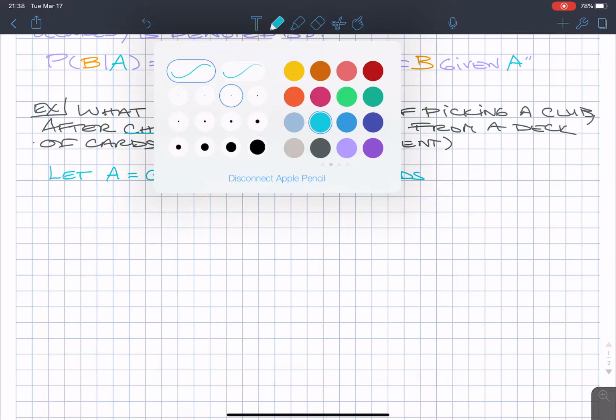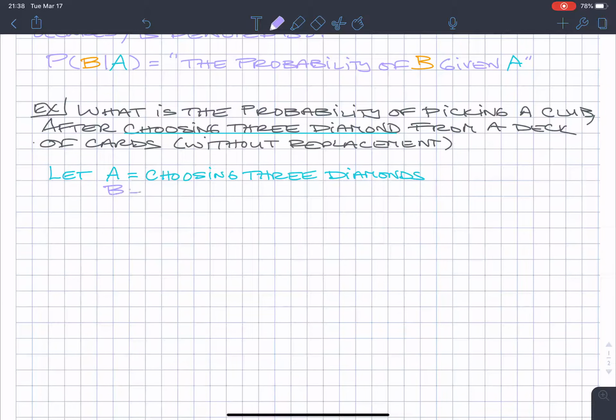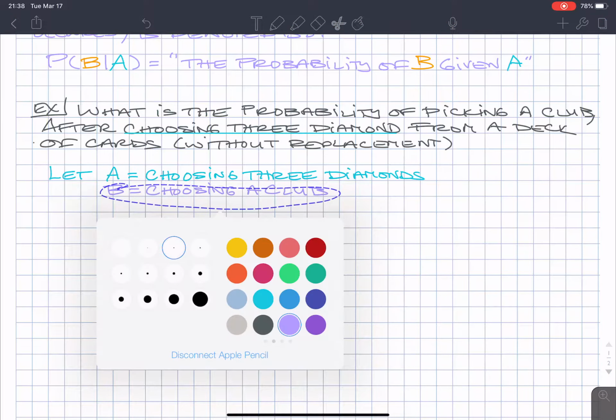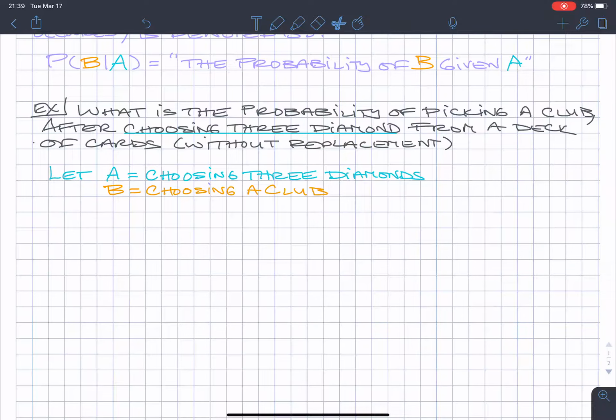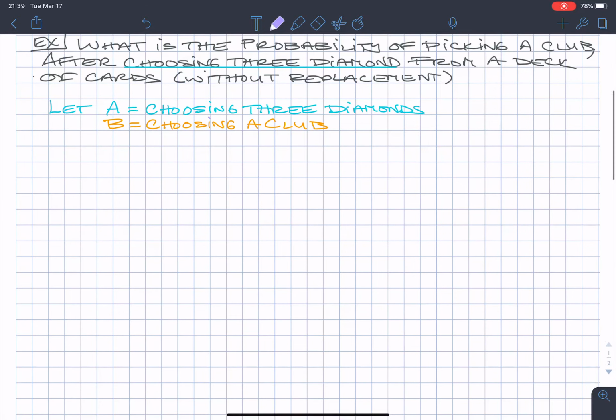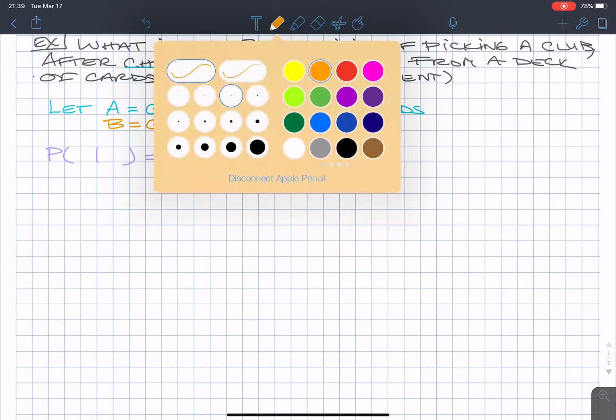And let's let event B be choosing a club. So let's keep B in orange. Okay, so now what I want to find is the probability of event B given that event A has occurred.